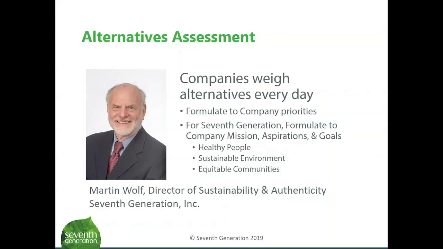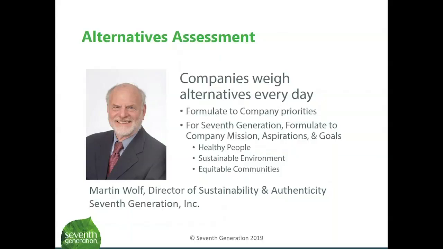We look at compatibility with packaging, safety for the people handling the product in our factories, as well as the people using the product. What companies don't specifically state, but is true, is that the alternative decisions that are being made as the product is designed reflect the values and mission of the company. And this is an important point of differentiation among companies generally and 7th Generation specifically.